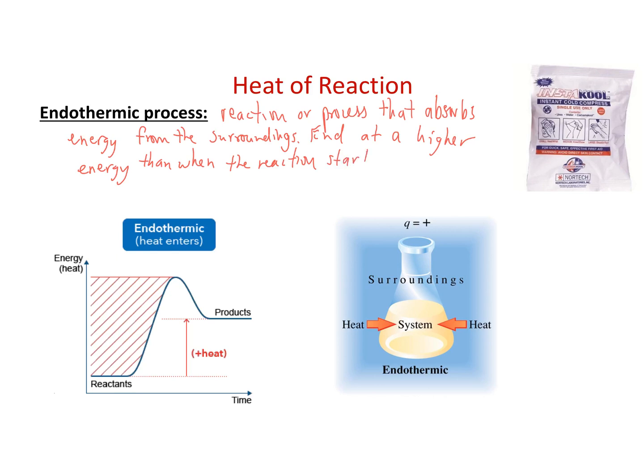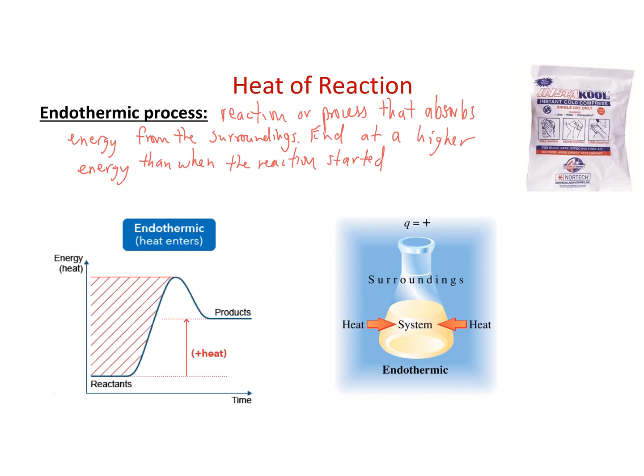An example of an endothermic reaction, right? Those instant ice packs. When you break them and the two chemicals mix, the ice pack gets cold. The ice pack gets cold because it's endothermic. It's absorbing all of the heat energy from your forehead or from your ankle, and that's why it feels cold. It's absorbing that energy.